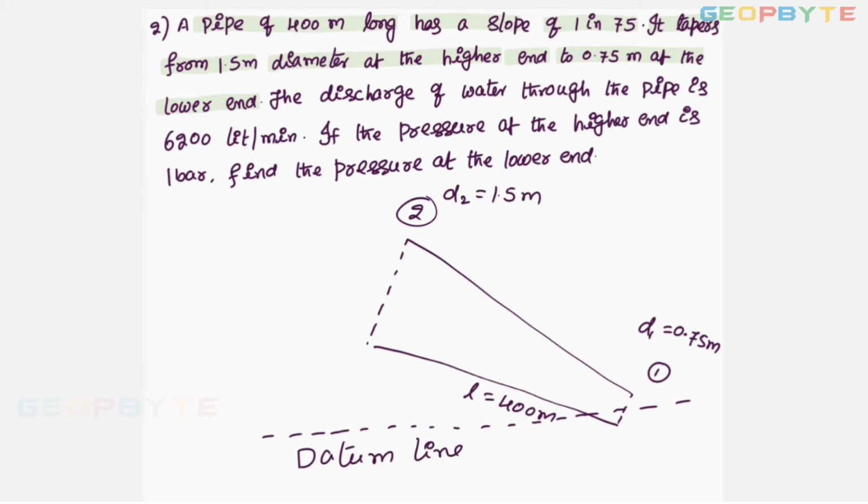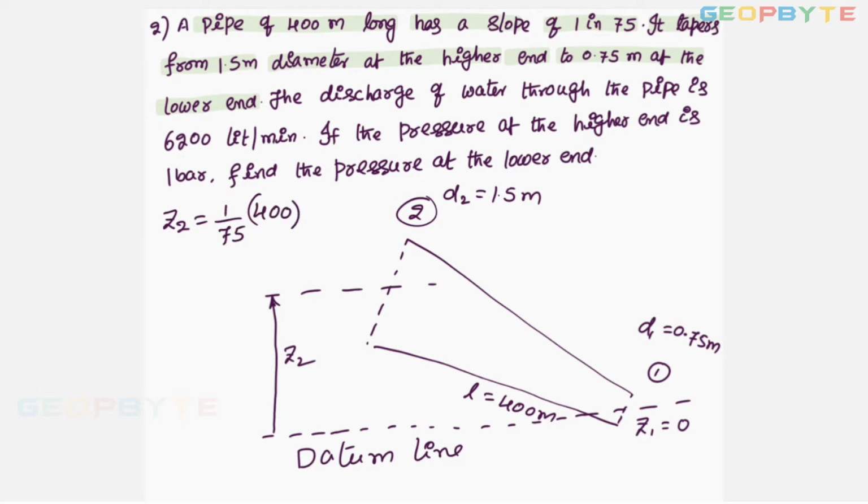Then with respect to the datum line, Z1 equal to 0 and Z2, this is the Z2. Z2 is what? Z2 is 1 by 75 times the 400.